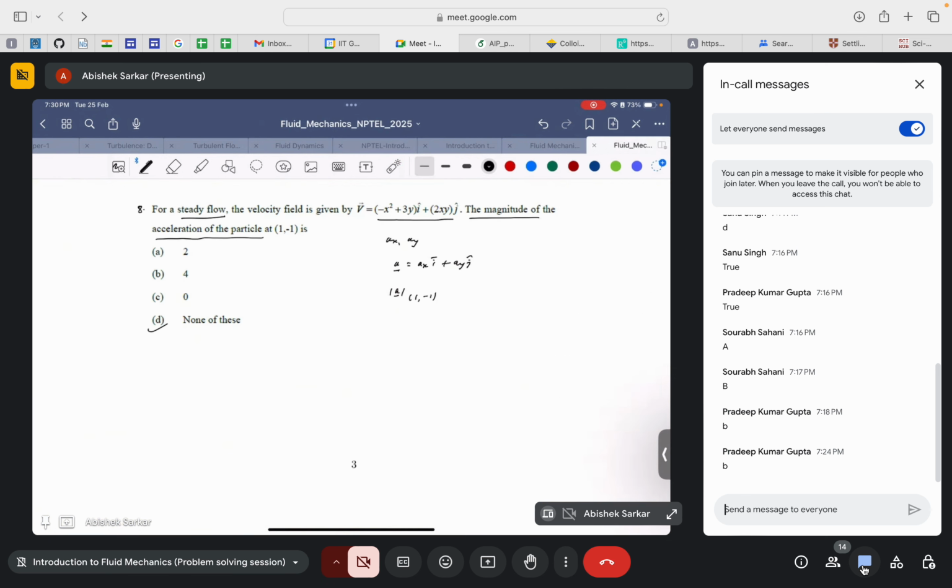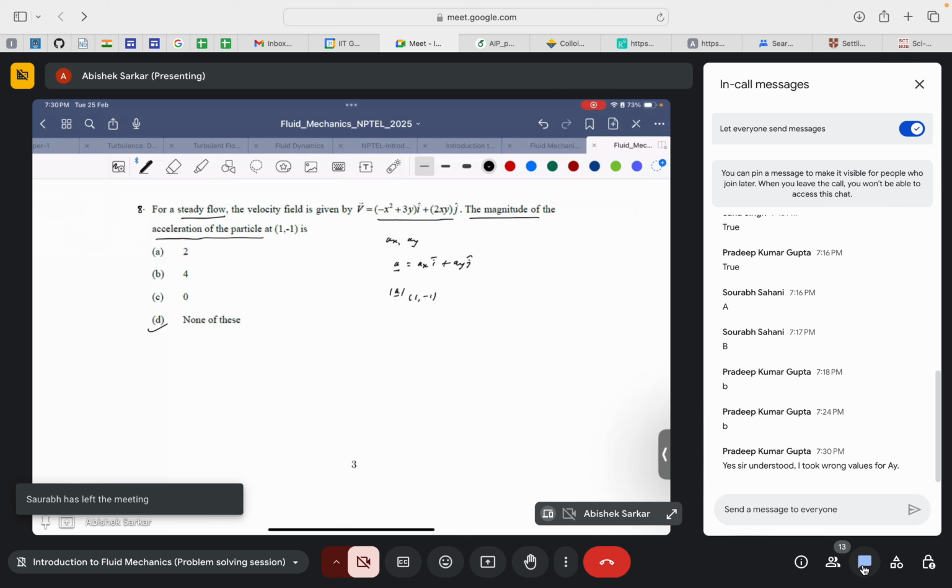So Pradeep, did you find where you made the mistake? Yes. Thank you. So it happens. It's completely fine, but I just gave you an idea how to remember or understand which operation should come after what in the definition of acceleration.